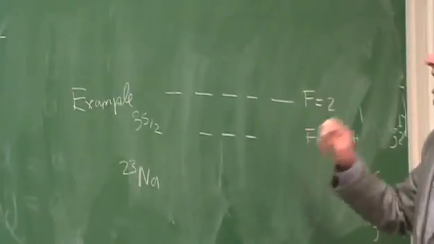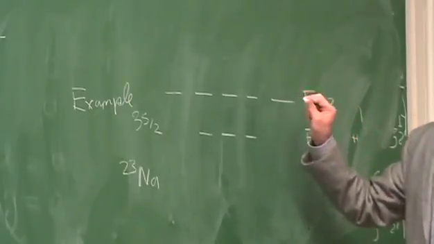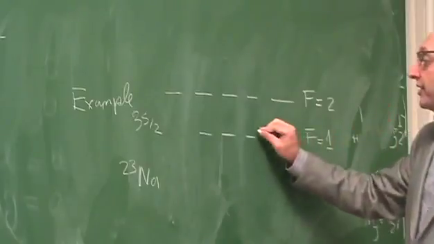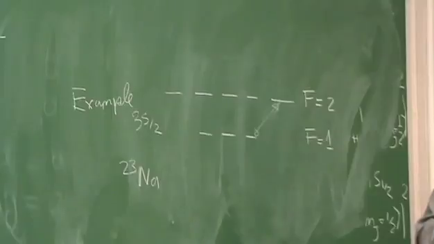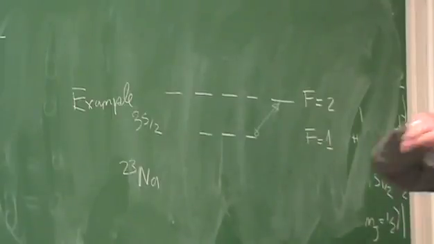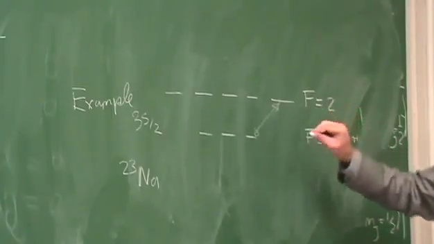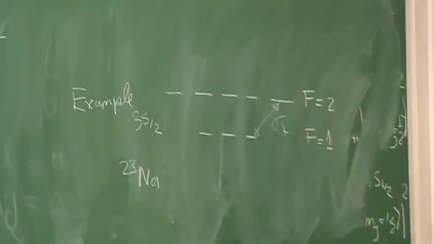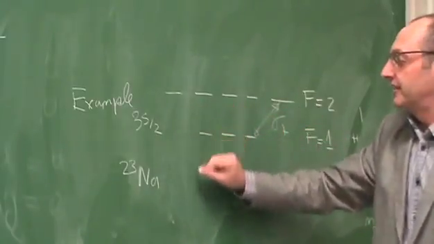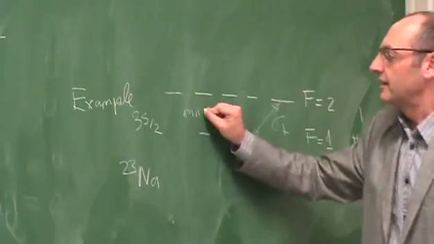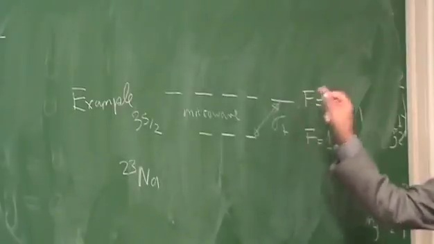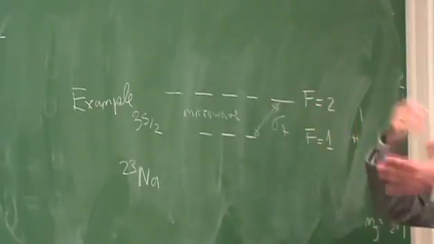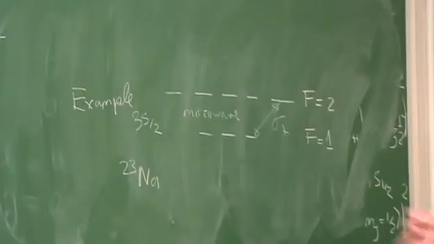If I apply a microwave that was resonant at, whatever this is, a few gigahertz, and if the oscillation of that microwave was such that it had a component that was sigma plus, then I would drive spin changes, M sub F, combinations of nuclear and electron spins, that are M1 transitions.